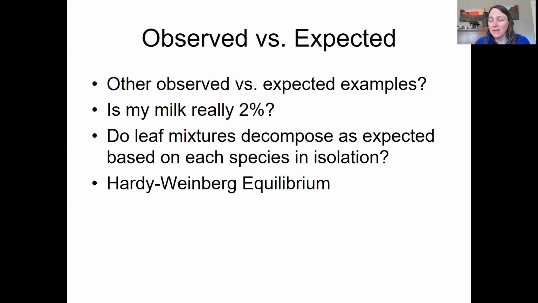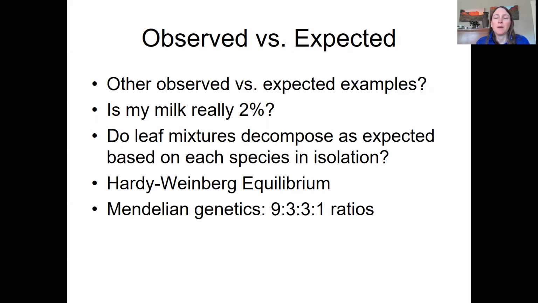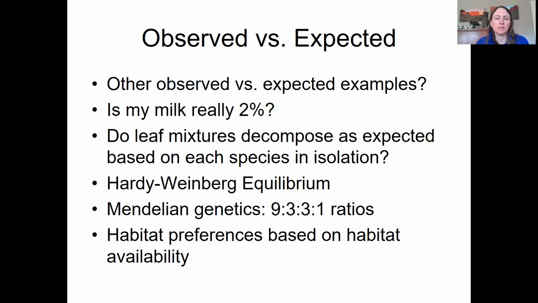Hardy-Weinberg equilibrium in genetics: do populations behave such that they're in Hardy-Weinberg equilibrium? Do they behave as expected based on that model? And Mendelian genetics, so ratios that we might expect based on the genetics of a situation, are the patterns that we observe actually matching those expectations?